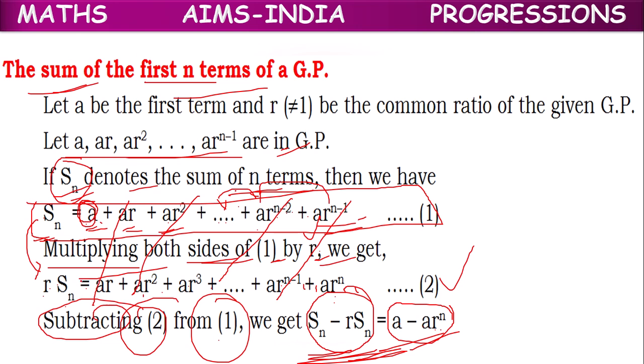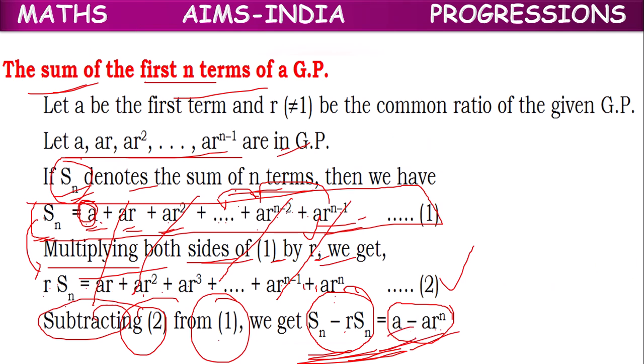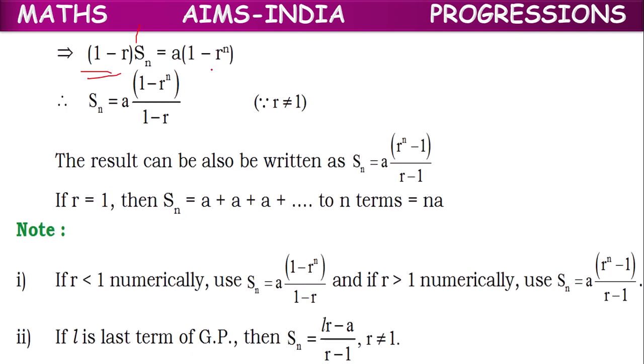So here, if you take Sn common, 1 minus R Sn, if you take A common, 1 minus R power n will remain. Sn equal to, this 1 minus R will come here, Sn equal to A into 1 minus R power n by 1 minus R.